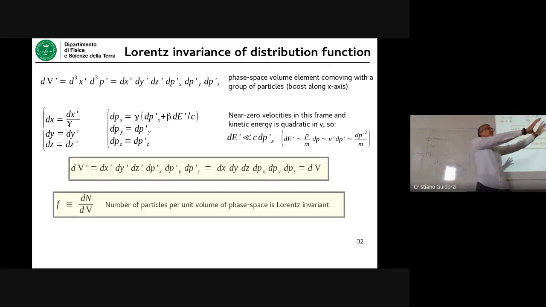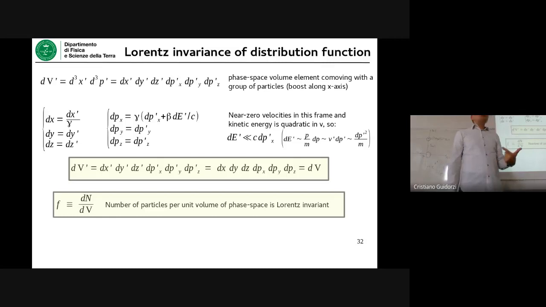You have 10 particles here, then the volume possibly has changed shape when you move from one reference frame to the other, but the number of particles is the same. There's the conservation of the number of particles. So this ratio doesn't change. So it's a Lorentz invariant. So the number of particles per unit volume in the phase space is Lorentz invariant.